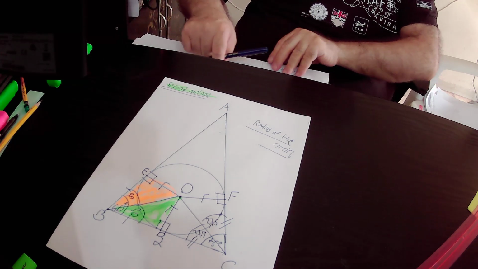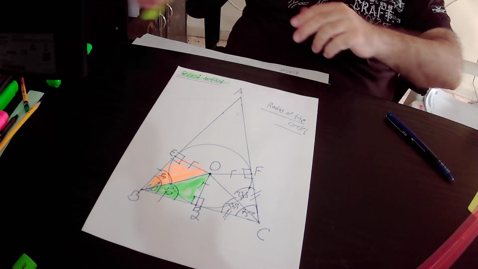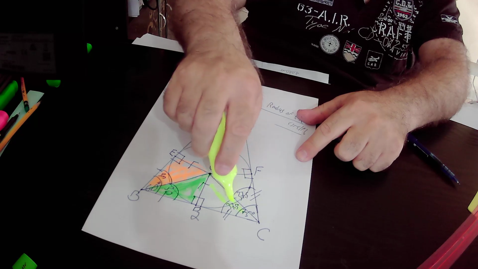In the next step, we'll focus on the yellow triangle ODC.